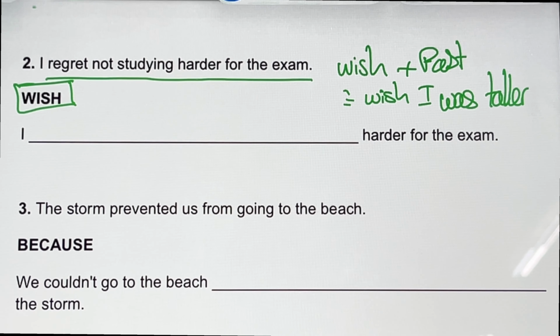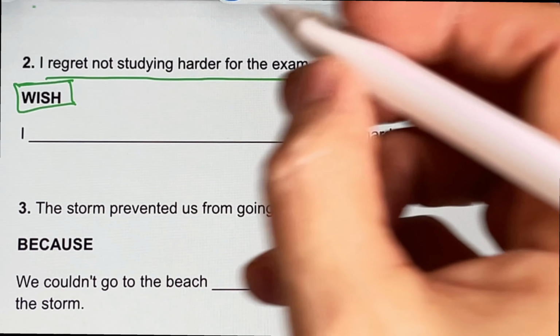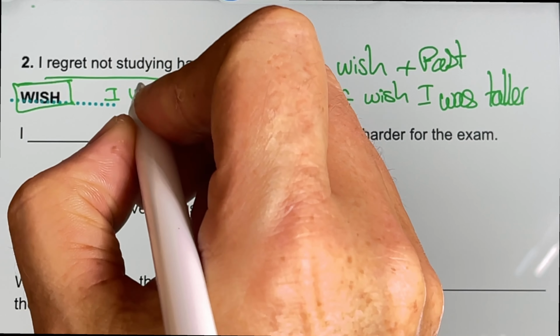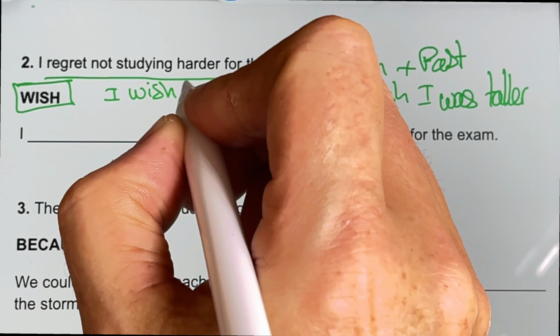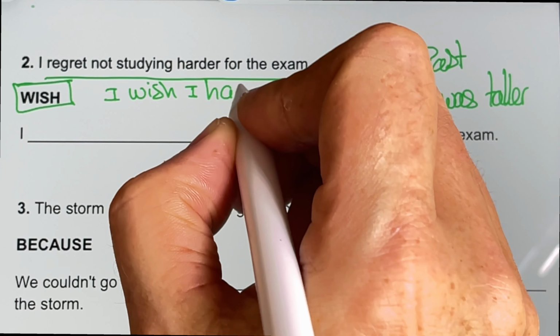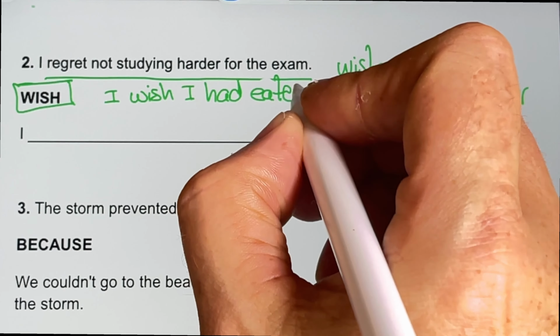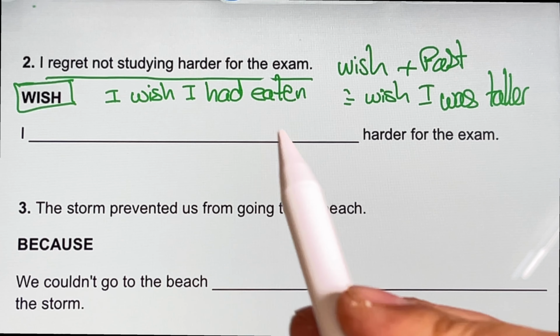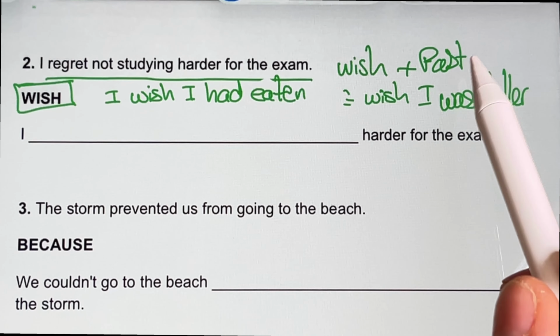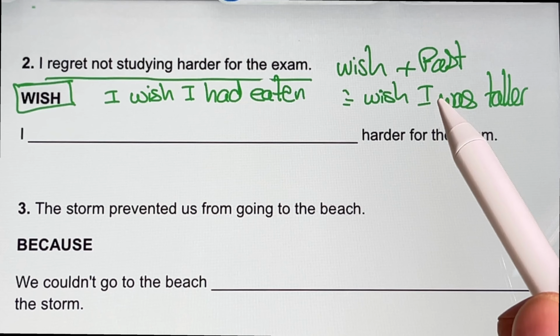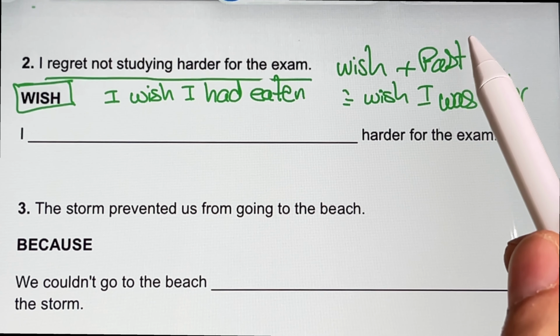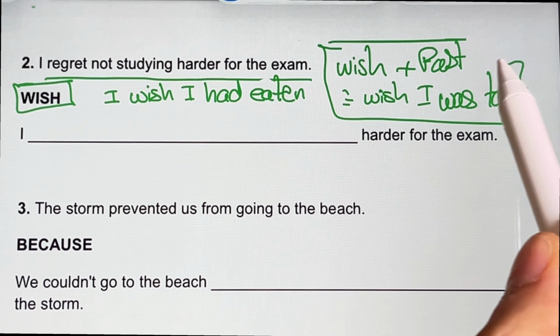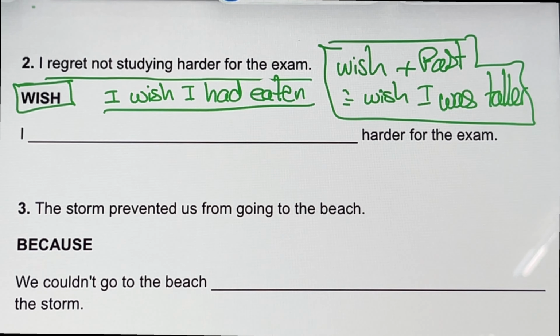But if the wish is in the past, it will have to be, I wish I had eaten that delicious cake I didn't eat today. And now I wish I had done it. So for wishes in the present, we use the past. Wishes in the past, we use the past perfect.